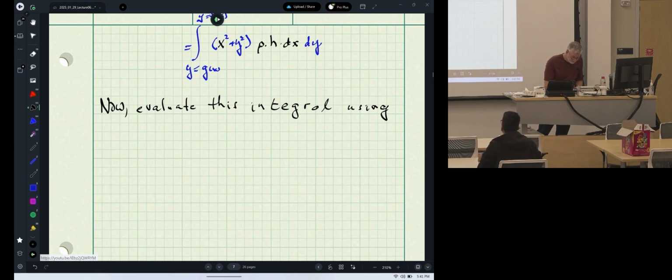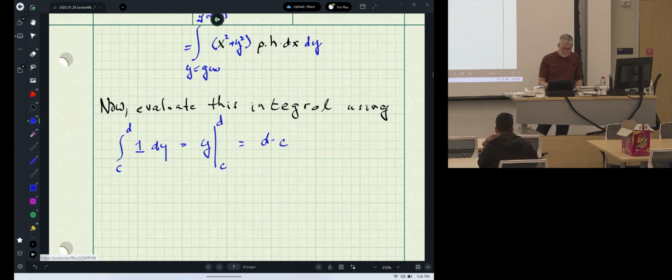You know that if I was doing the integral from c to d of a constant dy, that's y evaluated from c to d, which is d minus c. And the integral from c to d of y dy would be y squared over 2 evaluated from c to d.